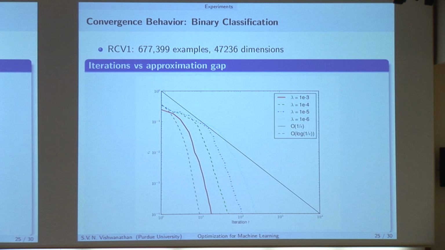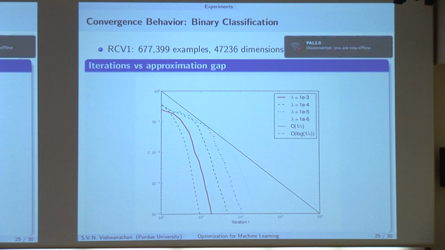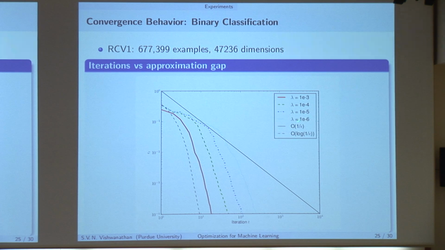This is the rate at which theory predicts that your optimizer should converge, and this is the rate at which it actually converges, and this rate is actually log 1 over epsilon. So your theory says that your optimizer should converge at order 1 over epsilon, but in practice it converges at log 1 over epsilon. What's going on?